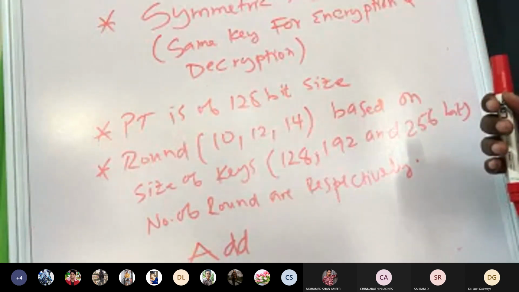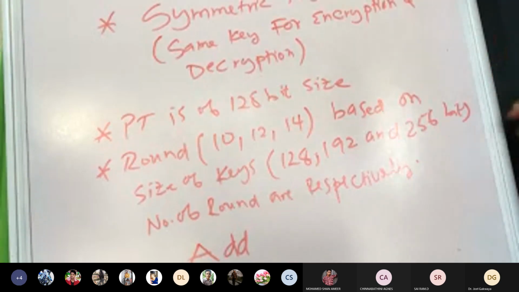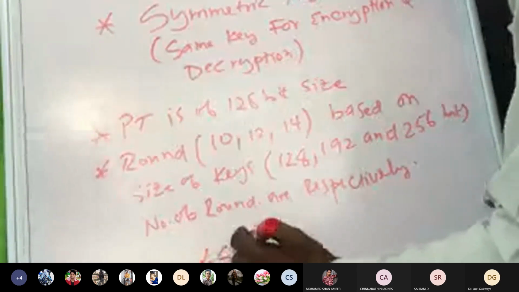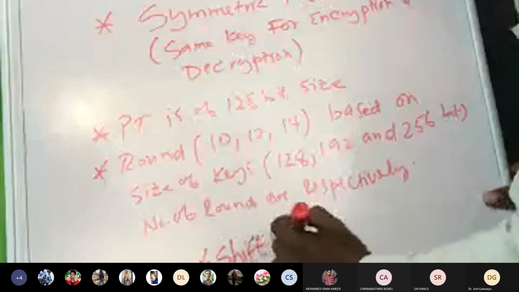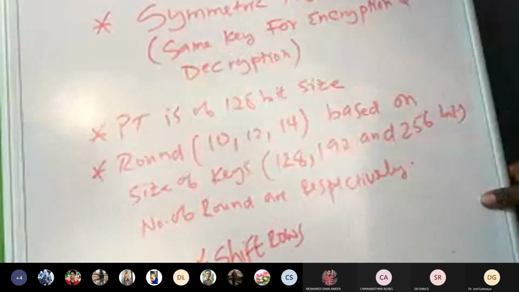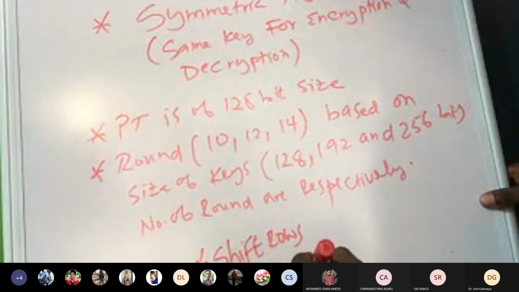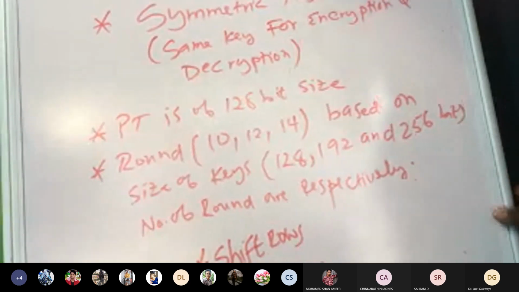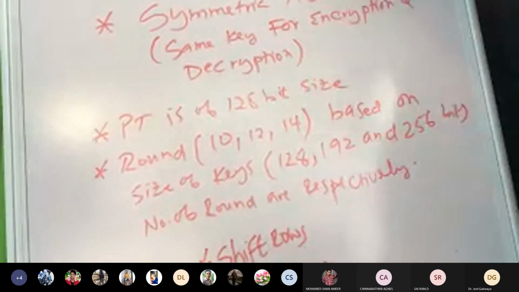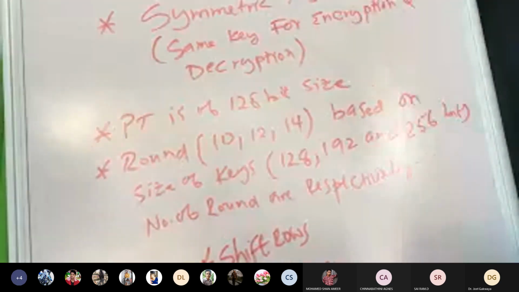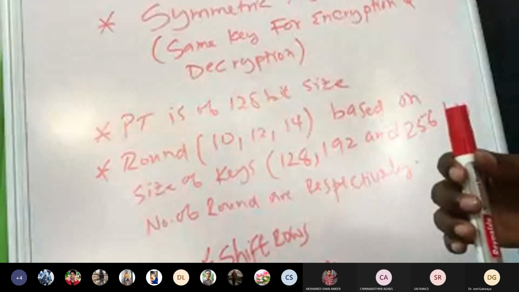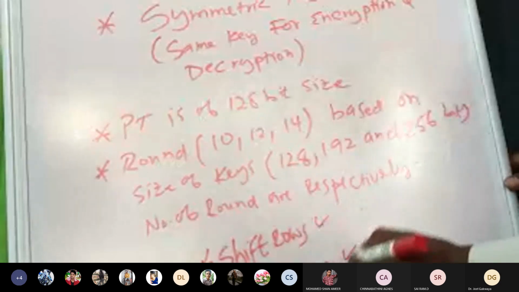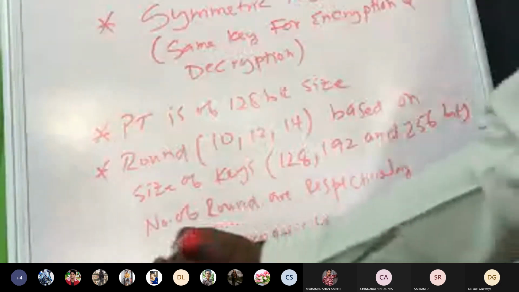This advanced encryption standard uses steps like shift rows, mix column, sub byte, and add round key. We are going to see one by one how these stages, as I call them, work.